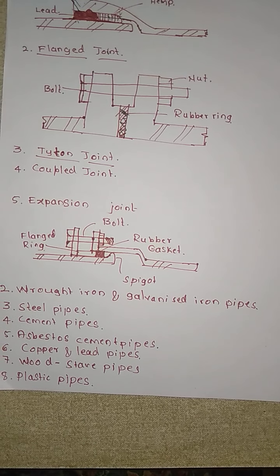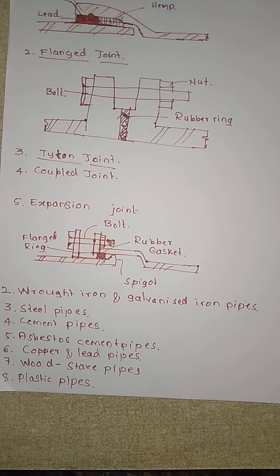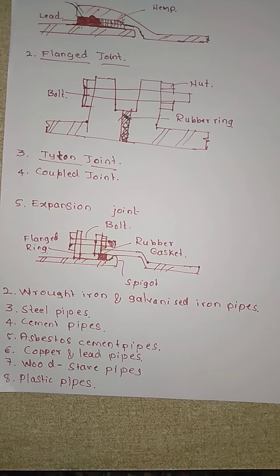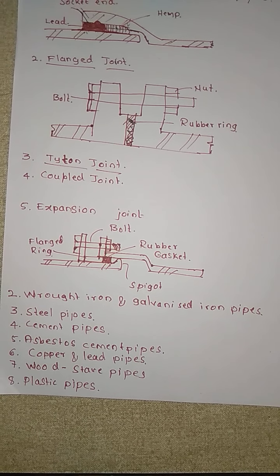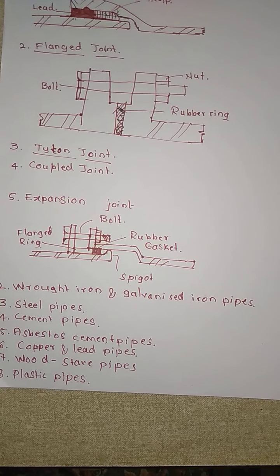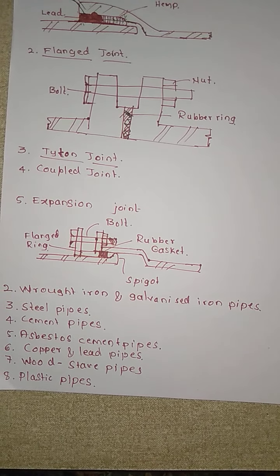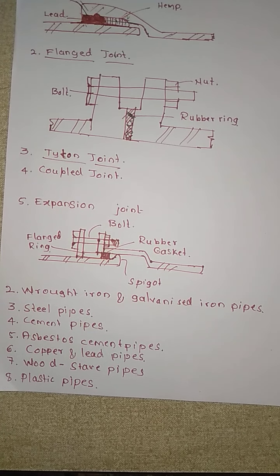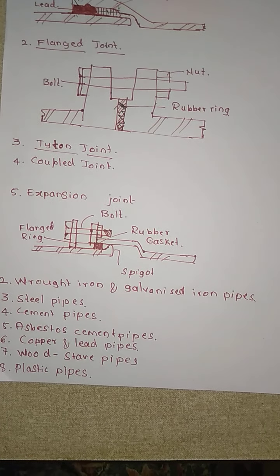Then the water tightness in an RCC pipe is obtained by providing sufficient thickness of good concrete, that is a 1:1:2 mix of cement, sand and aggregate.